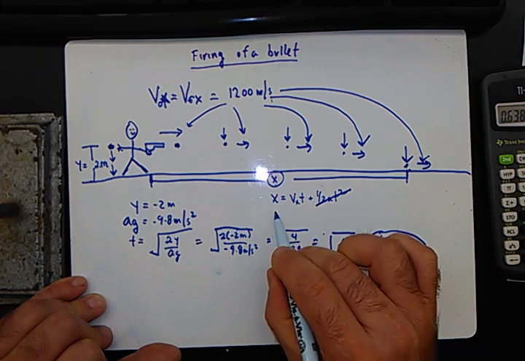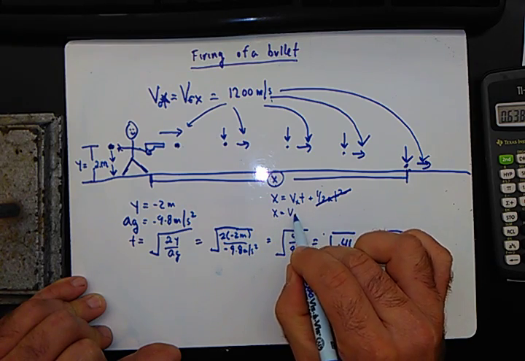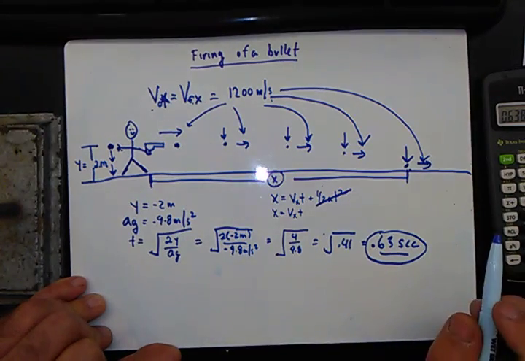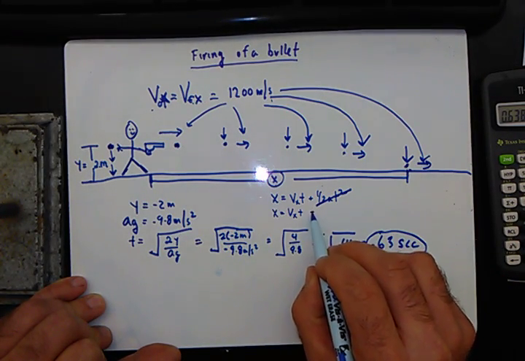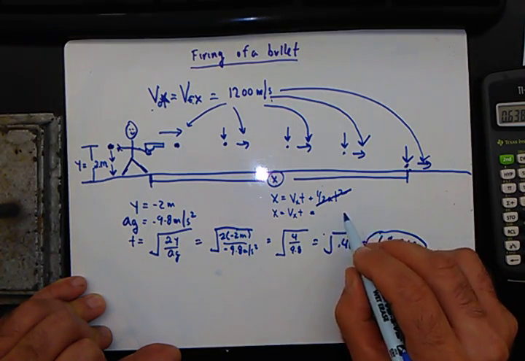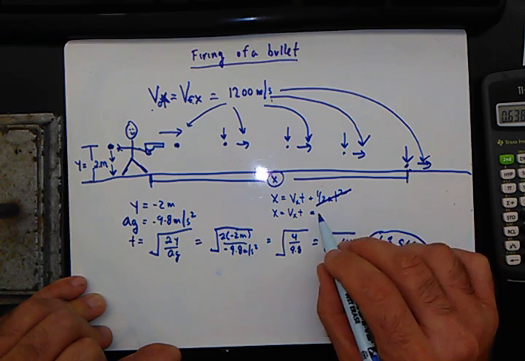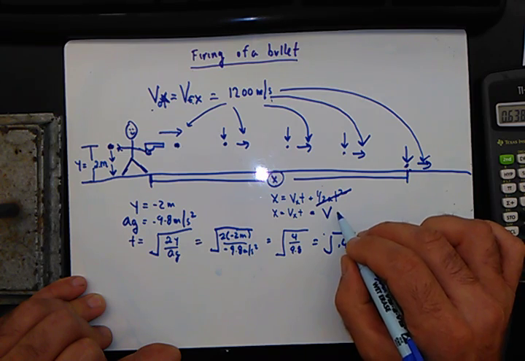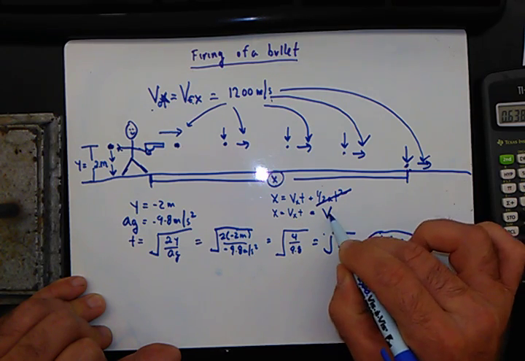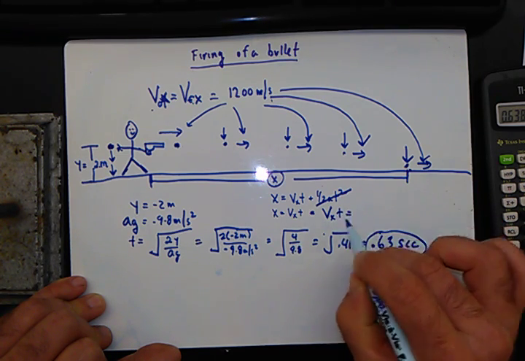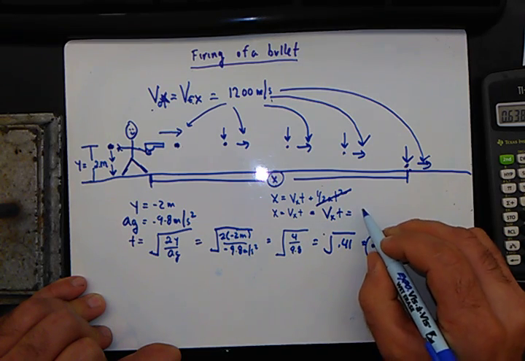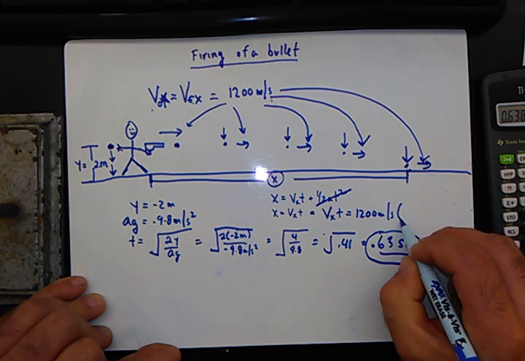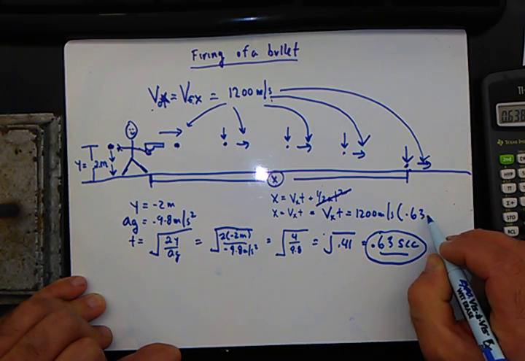Now we're left with x equals vx t, where vx is vfx and v naught x, the same thing. Let's apply some numbers: 1,200 meters per second times 0.63 seconds.